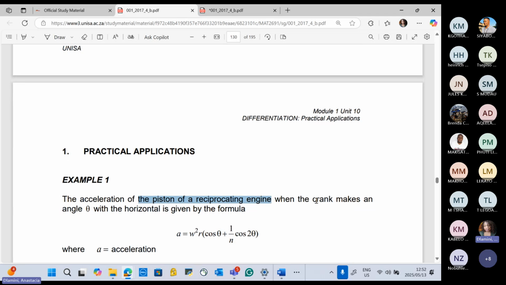No. What is a crank? Yeah, I think that's what we need to find out. If it's the bottom part. I think the crank is the one that is rotating, that is moving with the circular motion. Yeah, I think so. Let's see.